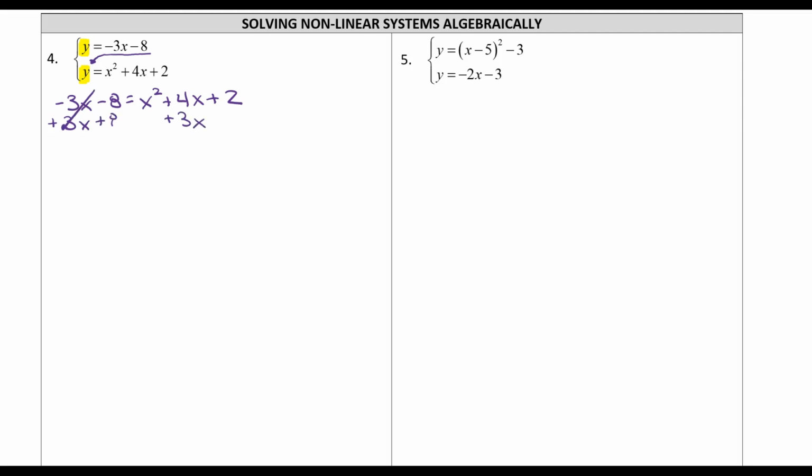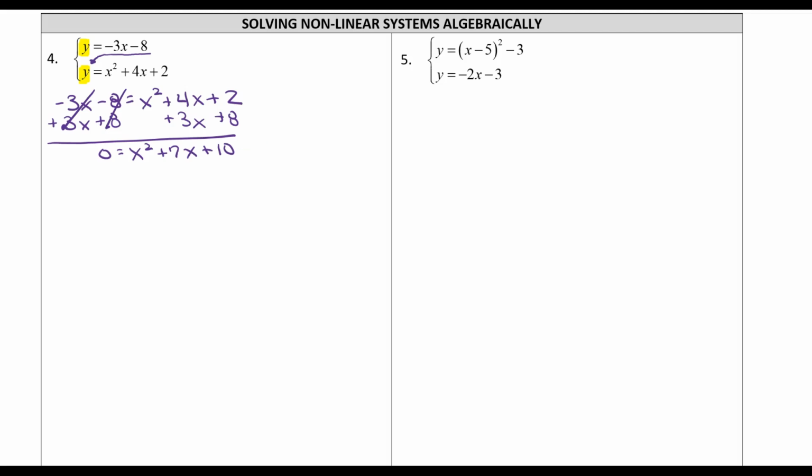I'm then going to add the 8 over to the 2, because that creates 0. So my left side equals 0, and my right side is going to be x squared plus 7x plus 10. So this is a much simpler equation to deal with. Now, if it bothers you to have the 0 equal, you can always move the 0 to the other side, but you don't have to.